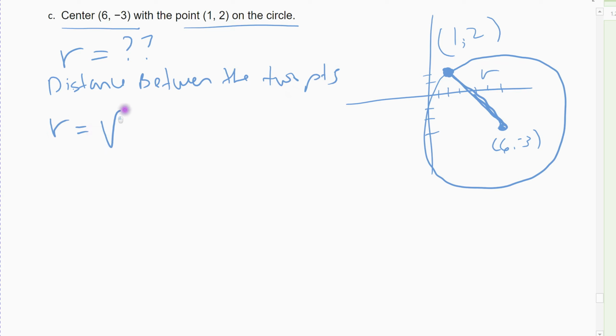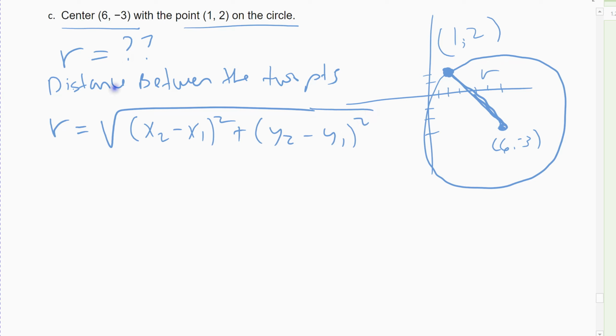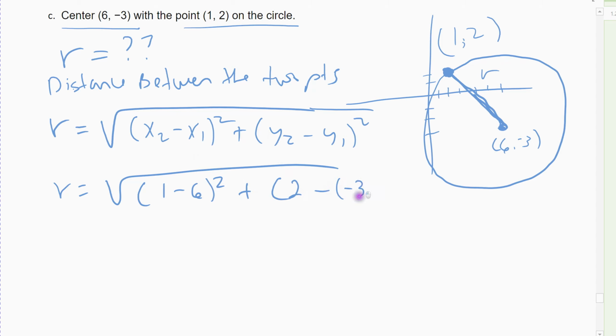So the radius is going to be the square root of my x2 minus x1 squared plus y2 minus y1 squared, which is the distance formula. And then I just plug my points in. I'm going to let this be my second point and this my first point, so it's 1 minus 6 squared, and then my y values, 2 minus a -3 squared.